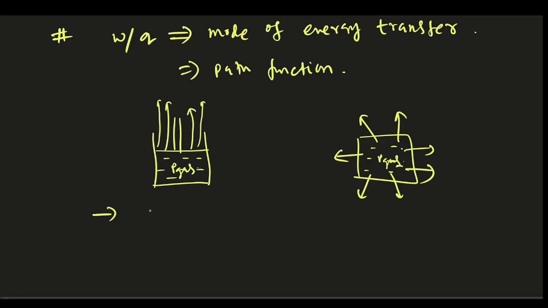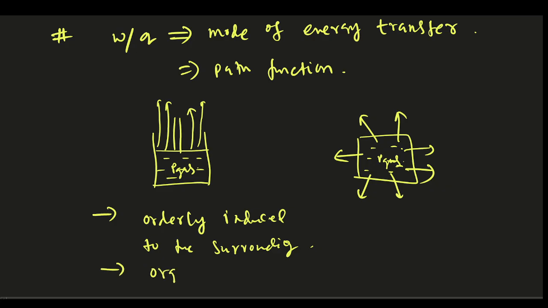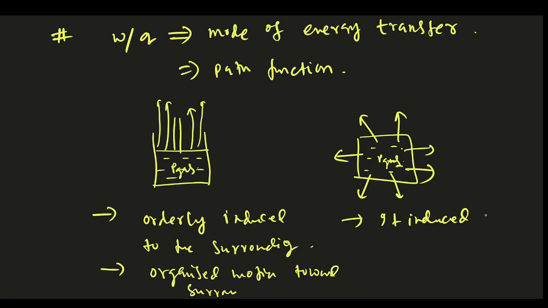So work is orderly, or organized, motion induced in the surroundings, whereas heat induces random or unorganized motion.